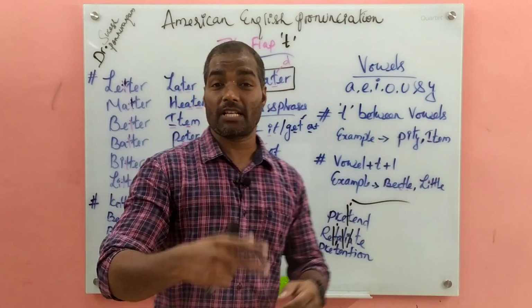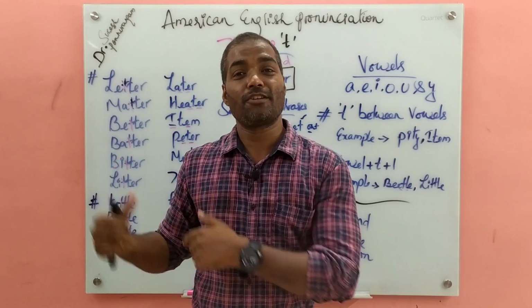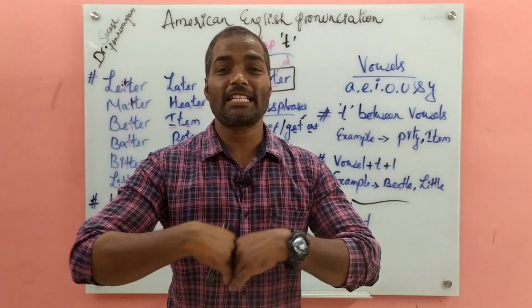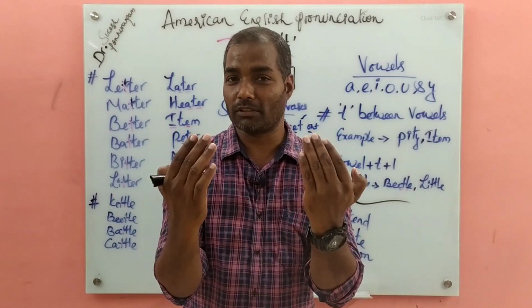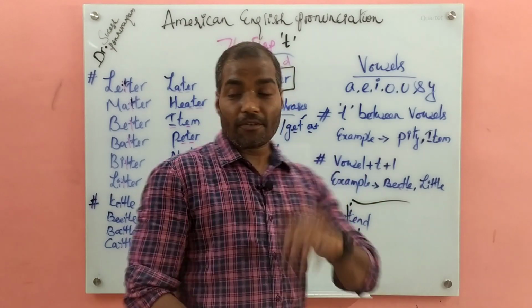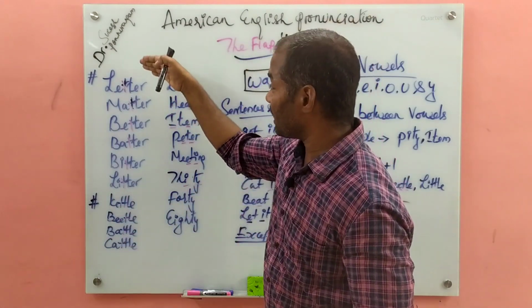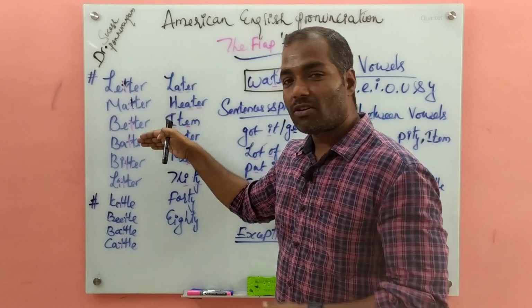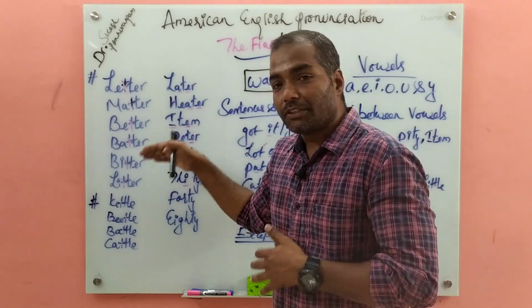There are two rules that govern the pronunciation of the flap T. The first rule is, if you find the T in between the vowels, then you pronounce the T like the D. So for example, you got words like "letter," "matter," "better," "batter," "bitter," "litter."